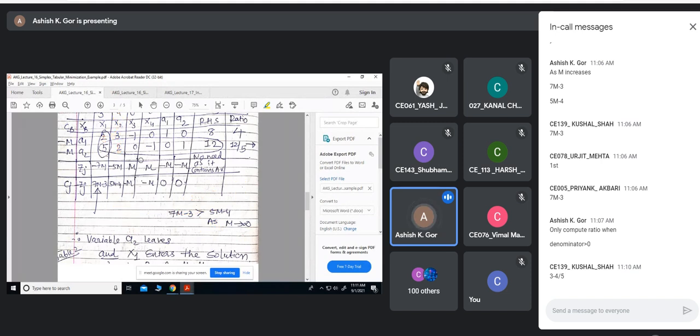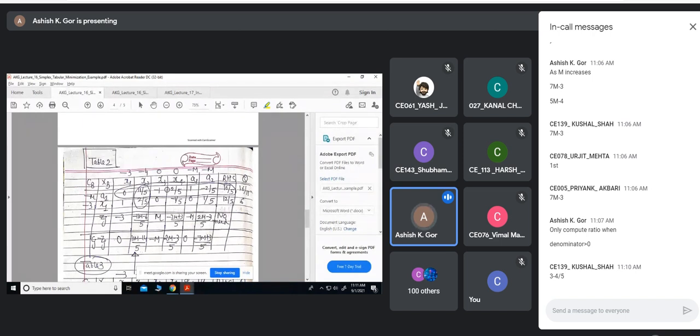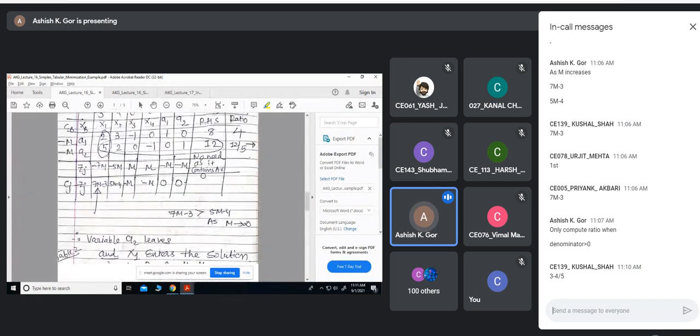Let us take one entry with m value. Sorry, there is nothing like that. So for this one, you can take the RHS also, 16 by 5. How can you verify?